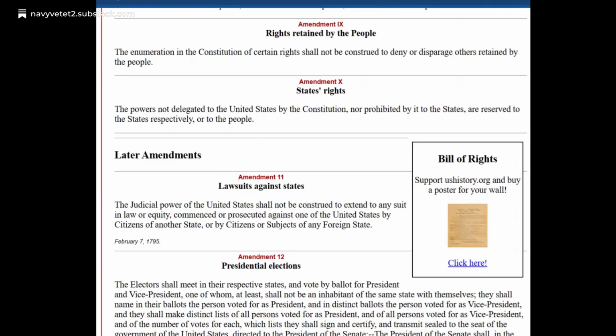In the words of Virginia statesman Patrick Henry, the new government was not really federal in character, but rather a consolidated government.